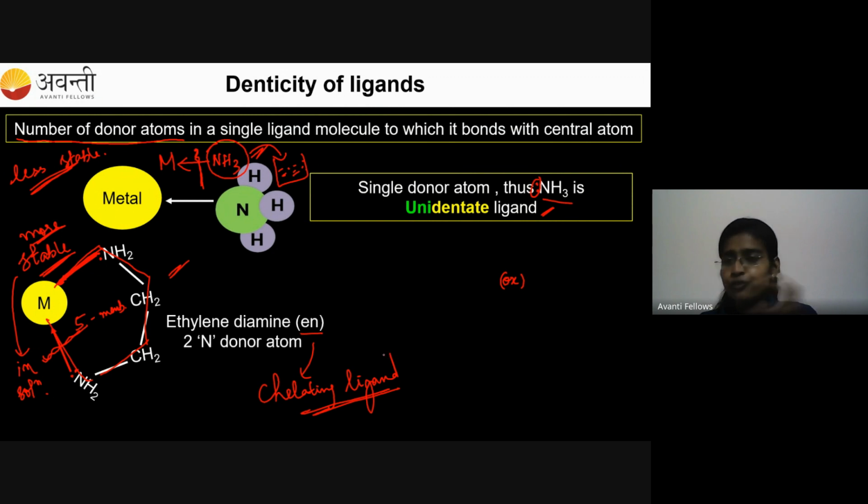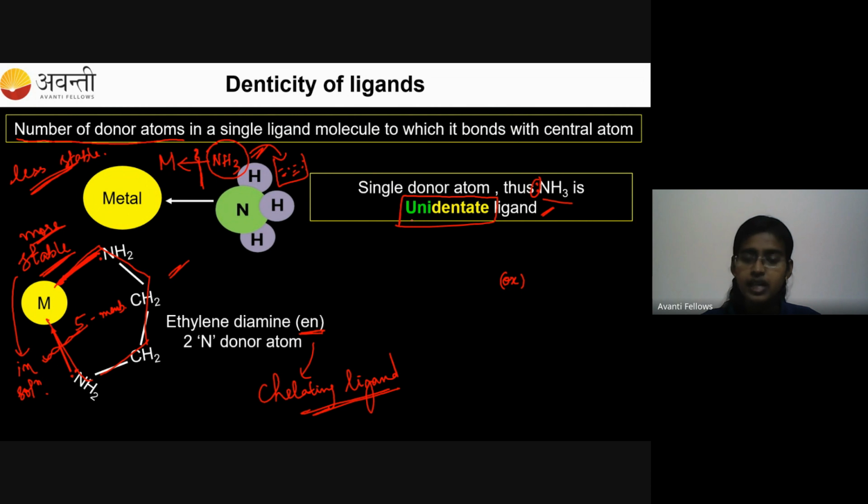The question can be like this. They will give you 4 complexes in 4 options and ask you to find the complex which is more stable. So what you have to do is check for the ring forming ligands like bidentate, tridentate, hexadentate. Except unidentate, all other dentate ligands are able to form the ring.